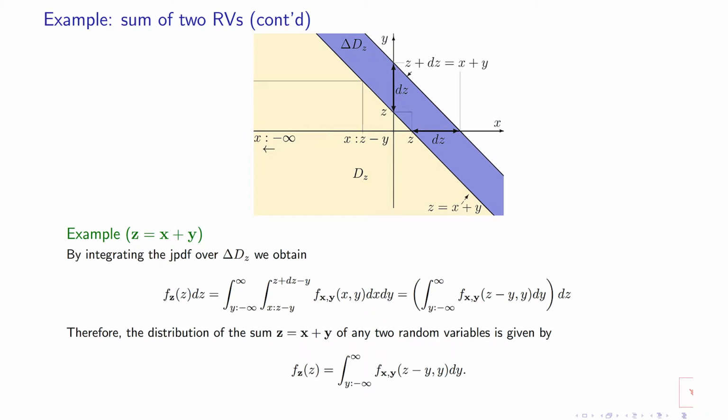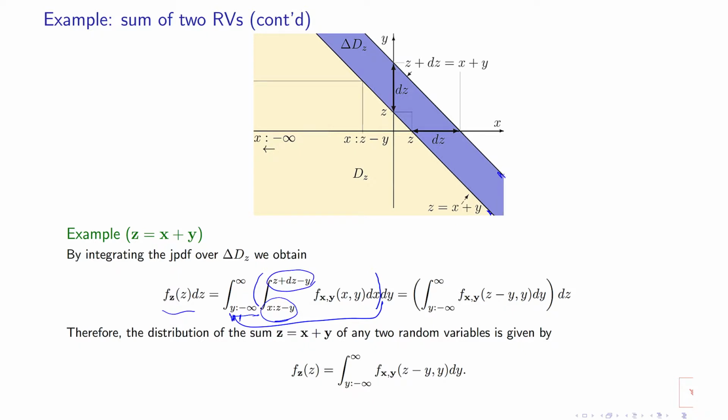In this example, I summarized the discussion we had here. So f_Z of z, this time I put the outer integral on y. You remember that if I put y here, the second argument is here, because you have to do the first integral with respect to x. These represent the equation of the lower line, and these represent the equation of the upper line.